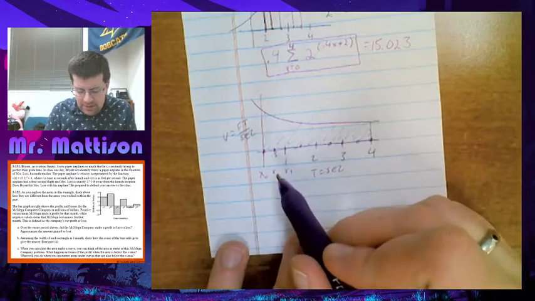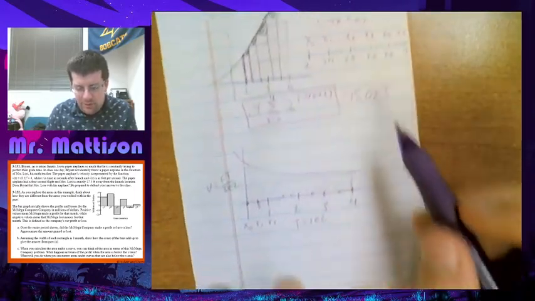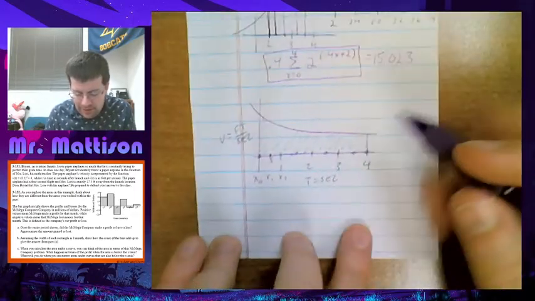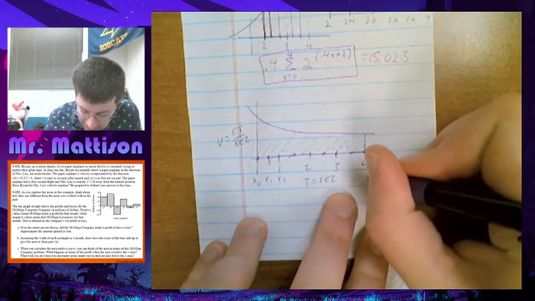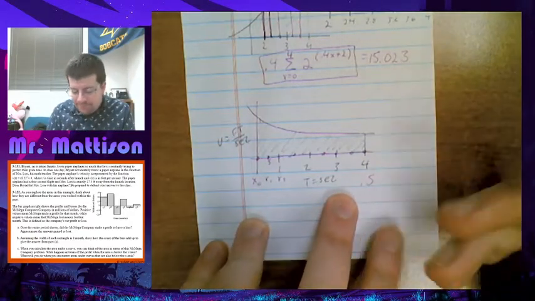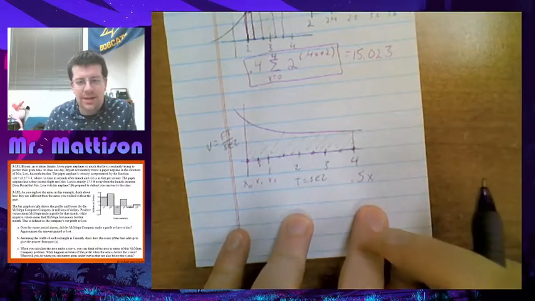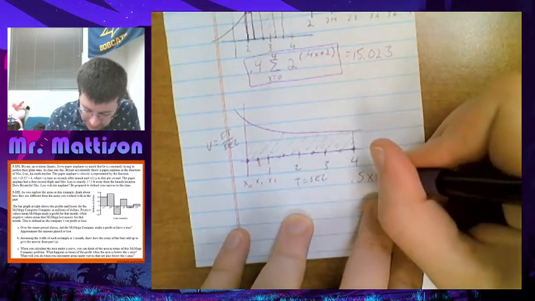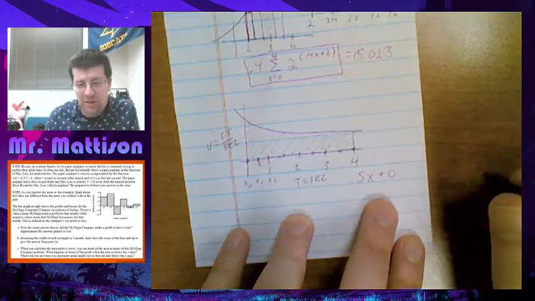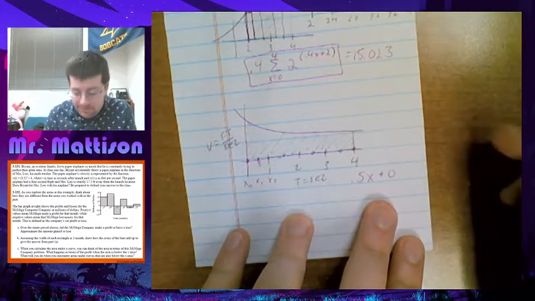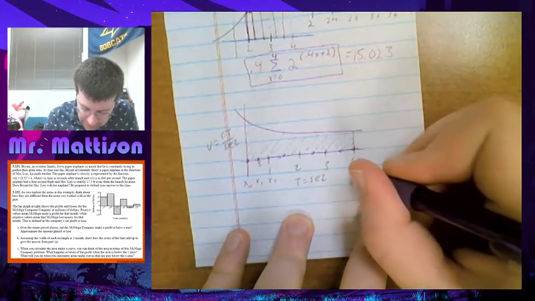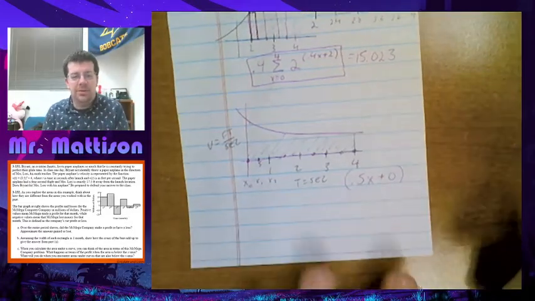To get my linear portion, which models me counting by these, I'm going to be counting by 0.5s. Again, you can count by whatever you want. I'm going to count by 0.5, so that's my rate, times x plus where I'm going to start. I'm going to start at 0, so I can just use 0. So that is what I need to plug into my actual equation.